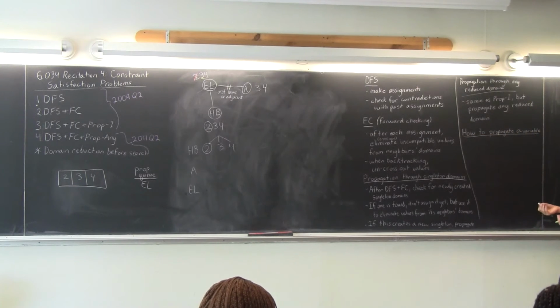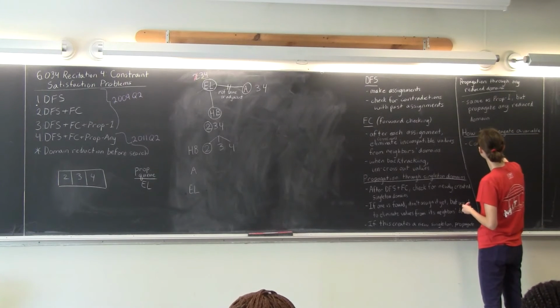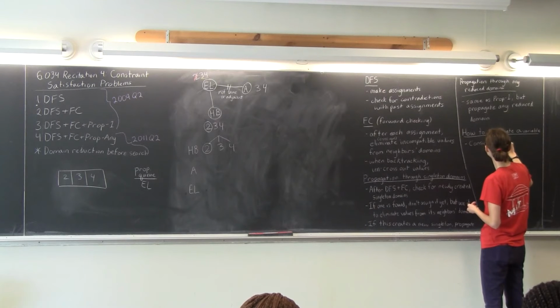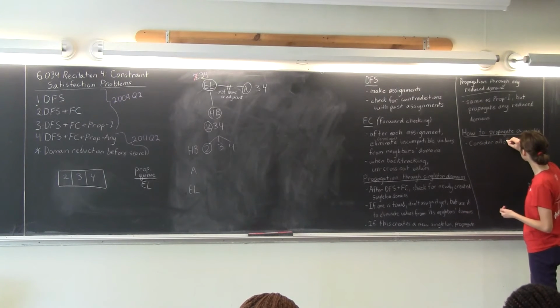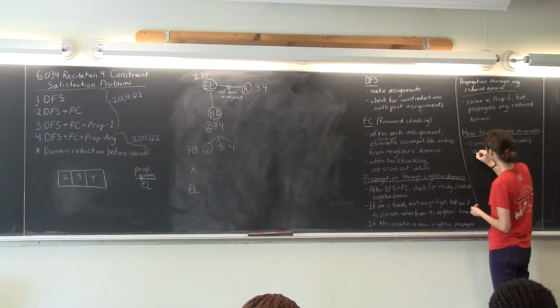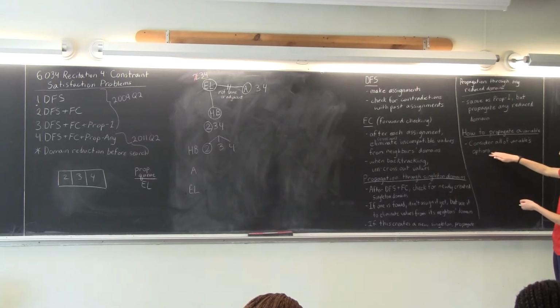So we'll consider all of the variable's options. And then for each neighbor of the variable, if that neighbor has a value that is incompatible with all of these options, we'll cross off that neighbor's value.